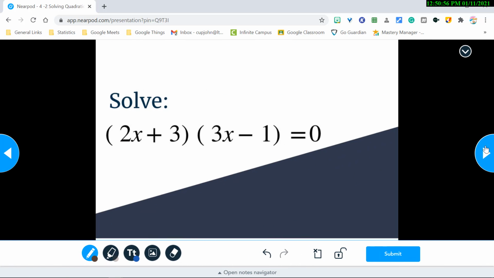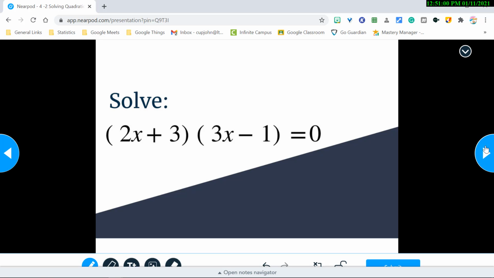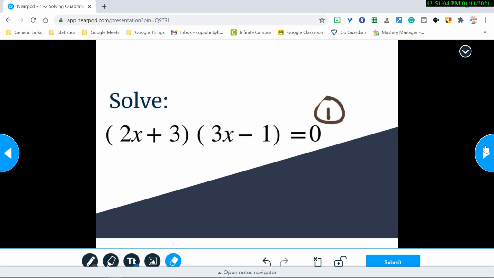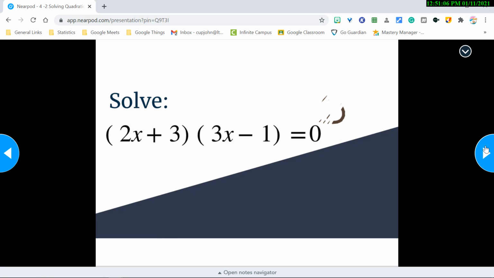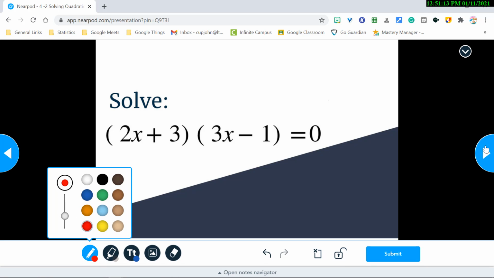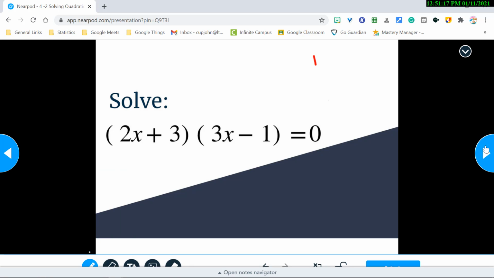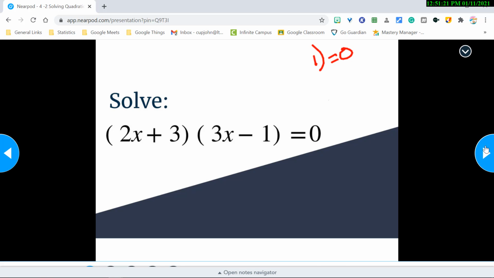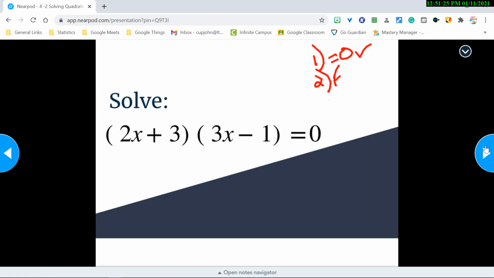All right, we got another one to solve. So step 1, set it equal to 0. It is. All right, try this again in a different color, maybe a little thinner. So equals 0, check. Factor.